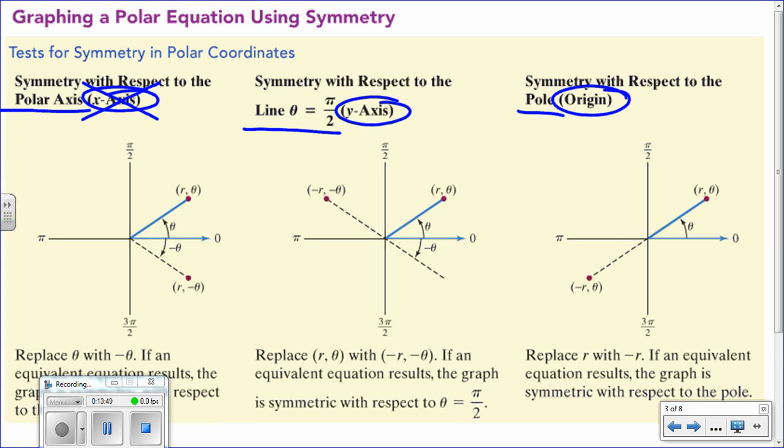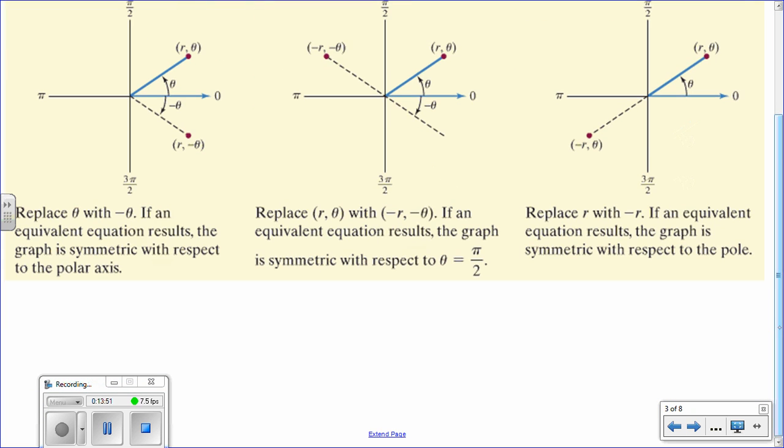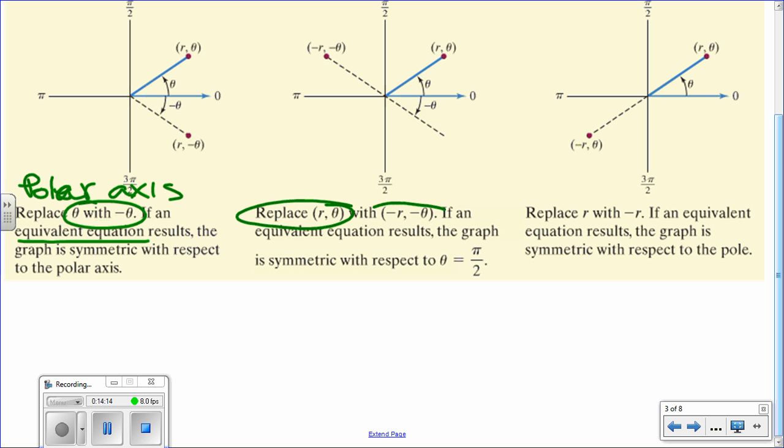All right, so there are 3 cases, of course. The first one is for the polar axis. We replace theta with negative theta, and if we get something equivalent, then it will be symmetric with respect to that. Next one, we replace theta with its opposite, negative, or if it was negative to start with, you change it to positive.